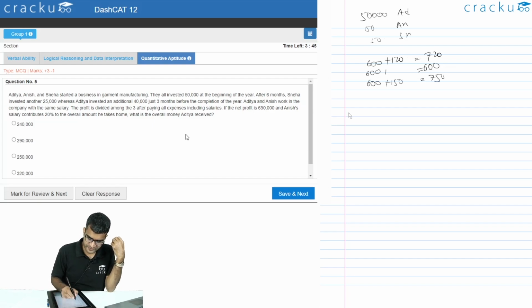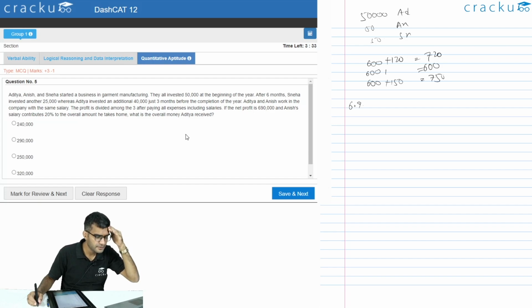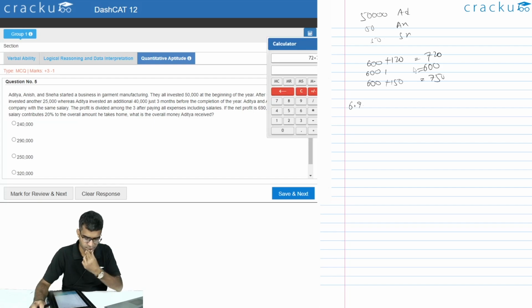Net profit is 6.9. And Anish's salary contributes 20% of the overall amount he takes home. 207, 72.